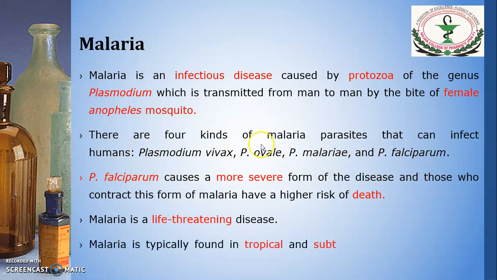Out of these four varieties, Plasmodium falciparum causes a more severe form of disease, and if the patient is suffering from this infection, that patient has a high risk of death. Malaria is a life-threatening disease typically found in tropical and subtropical climates where the parasites can live.